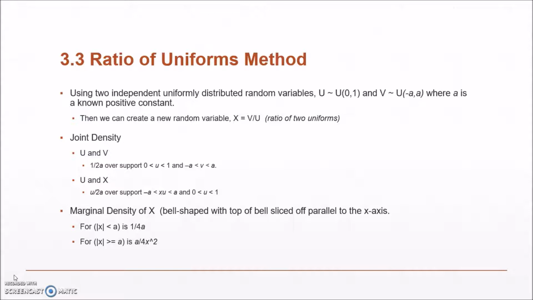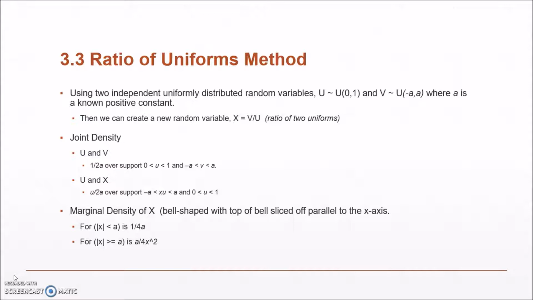So then we can also do some joint densities, right? We've got a density for u and a density for v, and now we've created a new random variable x, so we can have a density for those as well. By doing a joint density, we can look at the first example: if we set u and v for a joint density, over the supports, u from 0 to 1 and v from -a to a, again where a is a known positive constant, we get a joint density of 1 over 2a.